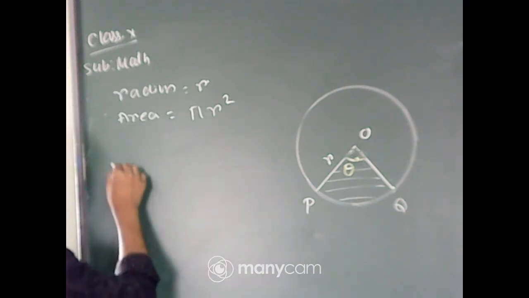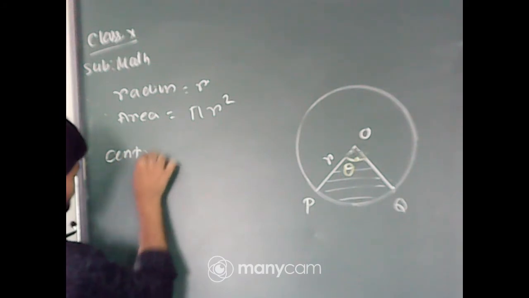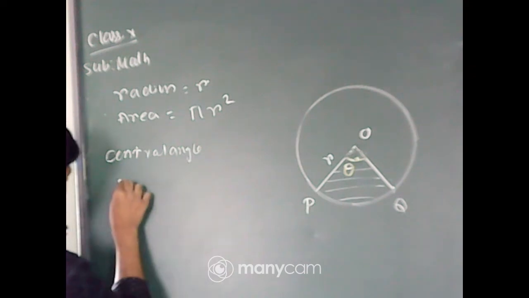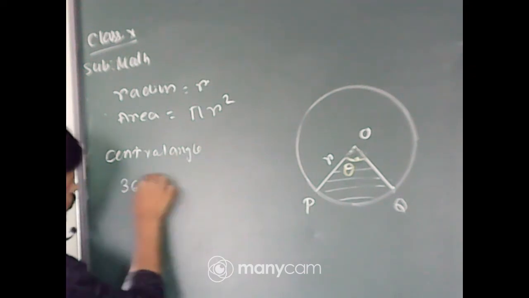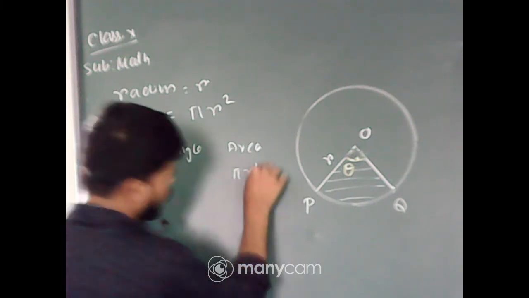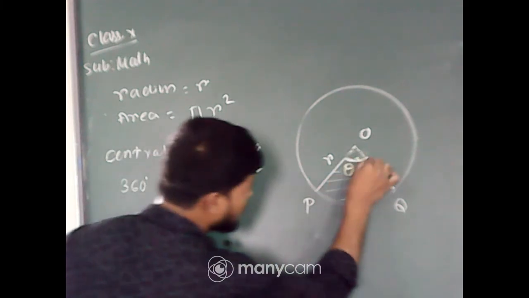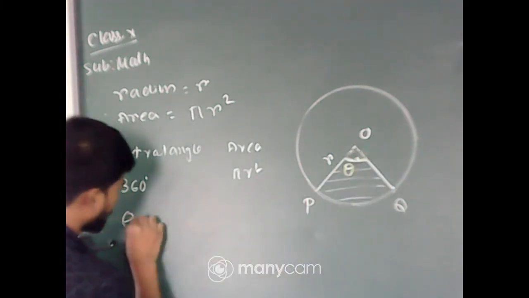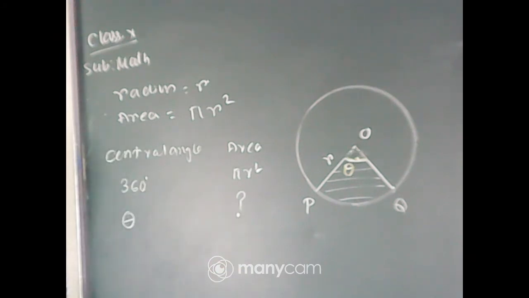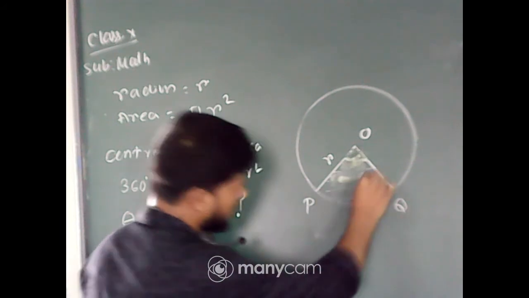So if the central angle is 360 degree, the area it will cover is pi r square, the total area. If the central angle is theta, how much area will it trace? It will trace this shaded portion, this sector.